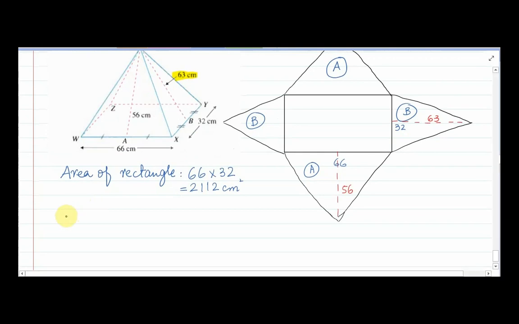So first thing, the area of triangle B. We know the working formula. It's 1/2 base multiplied by height. The base is given and that is 32. The height is in the red pen, that is 63.